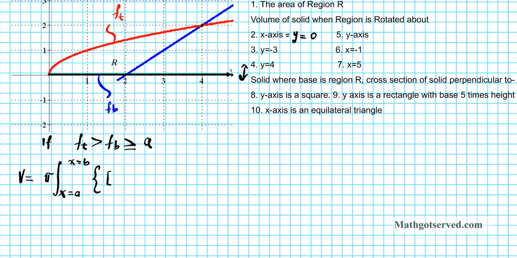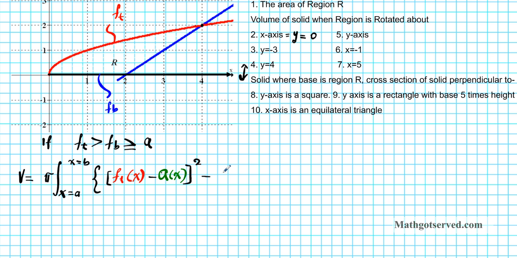The function on the top is red, minus the axis of rotation. Let's call our axis of rotation a of x. So the function on the top minus a of x is the radius of the outer disk. So pi r squared. Don't forget to square your radius. This is the radius right here.